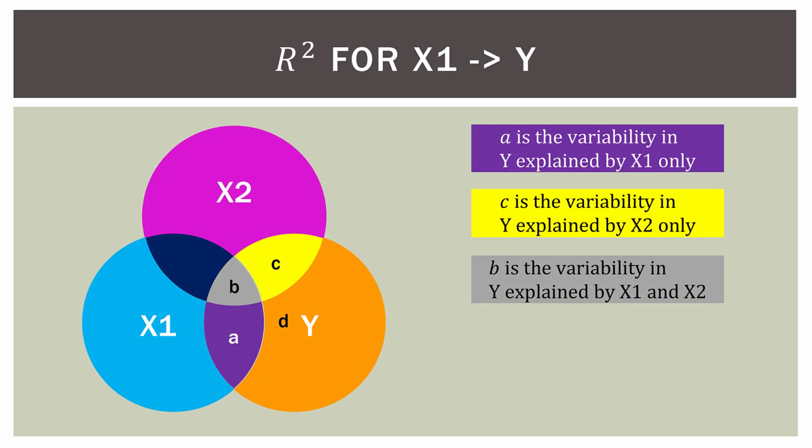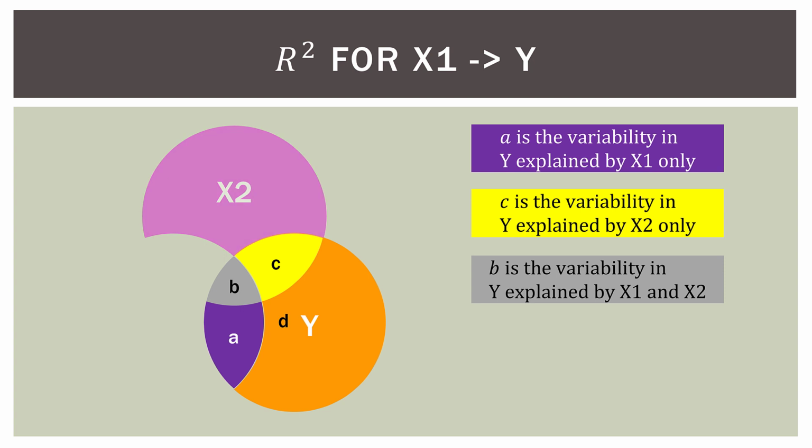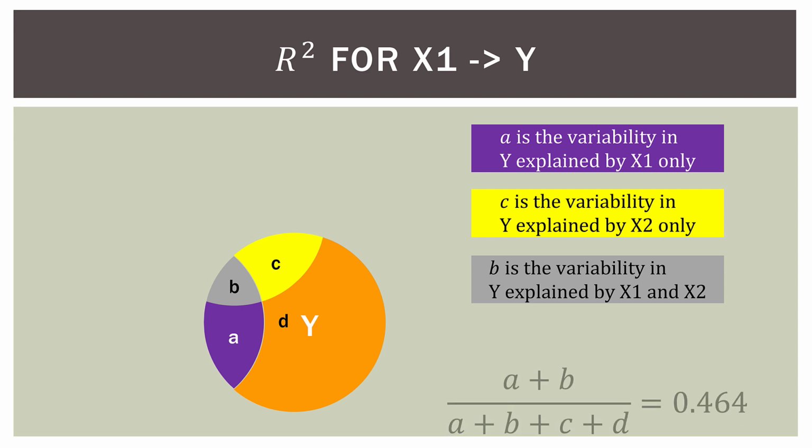So first, let's look at the R squared for x1 to y, our dependent variable. So we take away everything that is not in our dependent variable y. So we do away with everything else and we focus on just this. So the R squared is where A and B overlap with y. Remember, that's where x1 was. So we're interested in the area that is represented by A and B. So think about this.